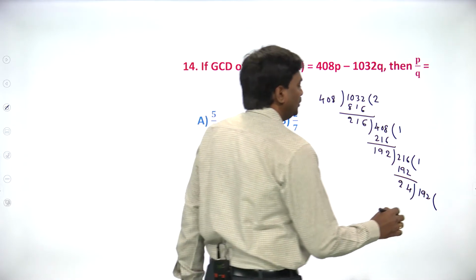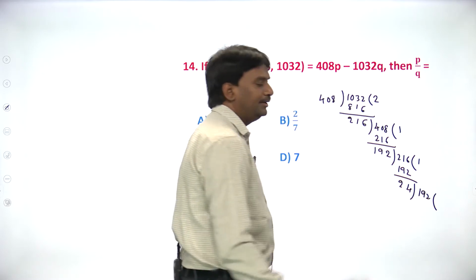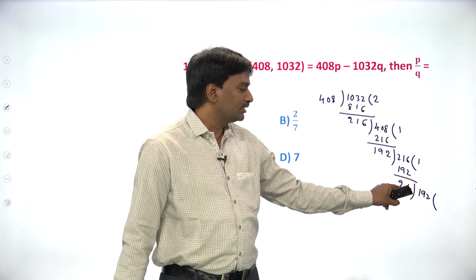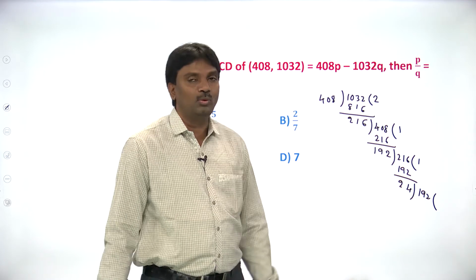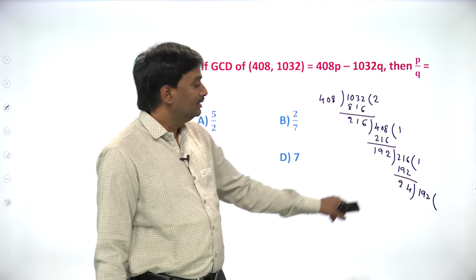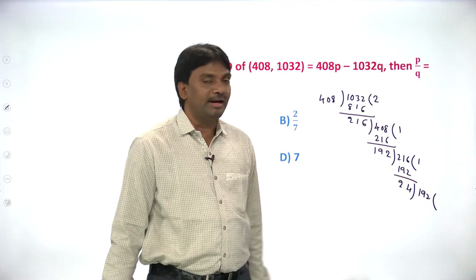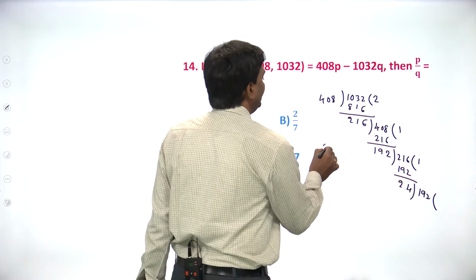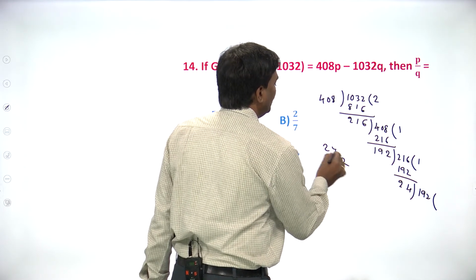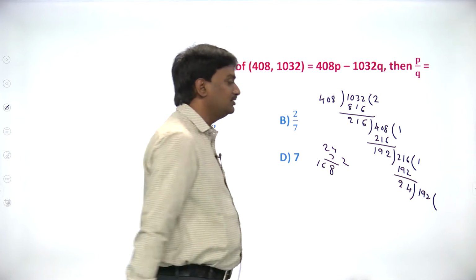24 times 3 is 72, 24 times 4 is 96, 24 times 5 is 120. If you multiply 24 by 7, it is 168.